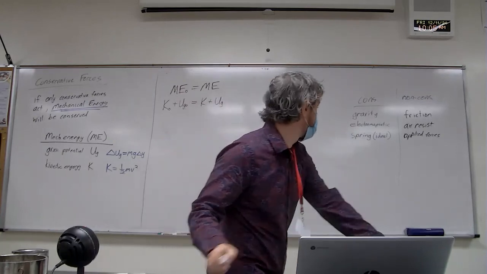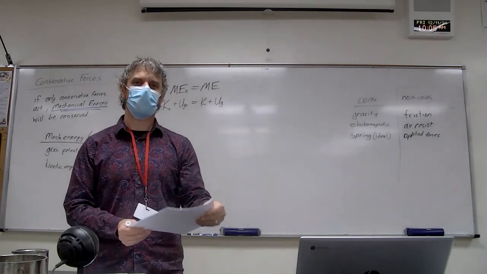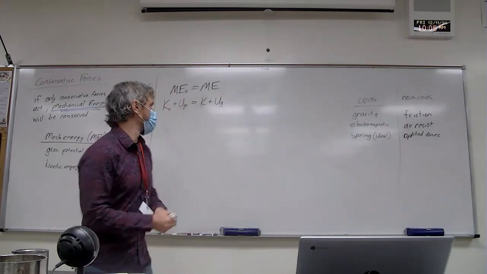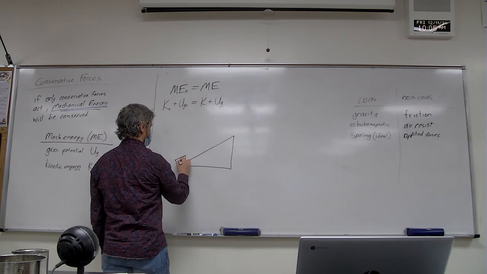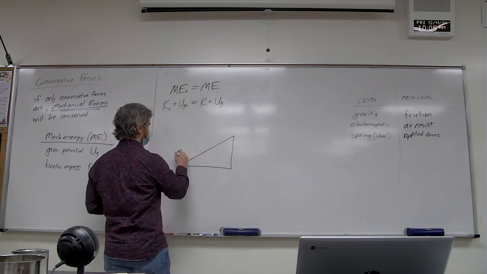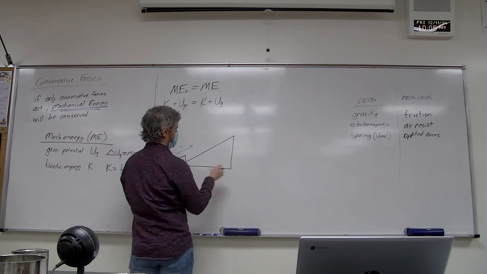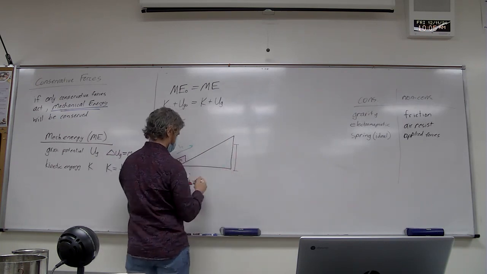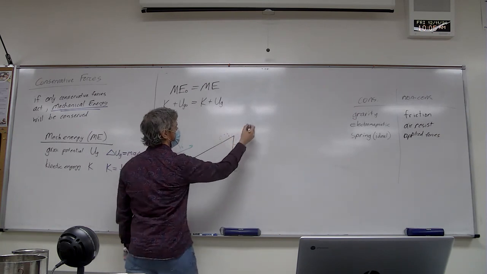Now, what I want to do is go back to example 4 on your notes, that last part. Remember when we used Newton's laws to figure out how far this guy would go up the hill, how high it would get? What was the answer to that problem?